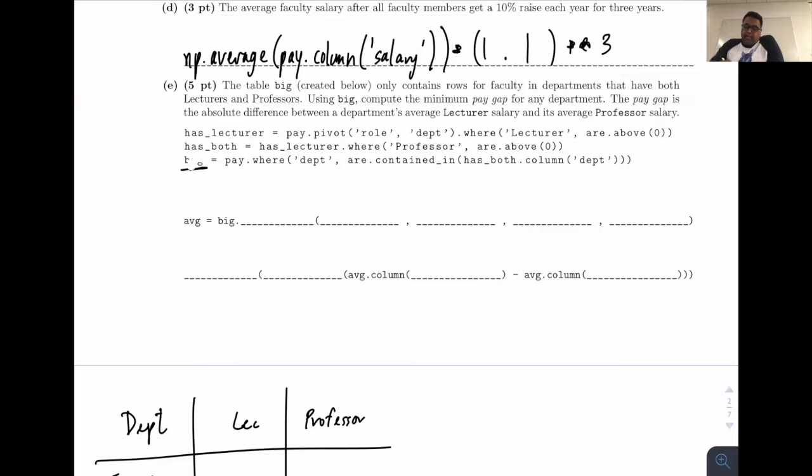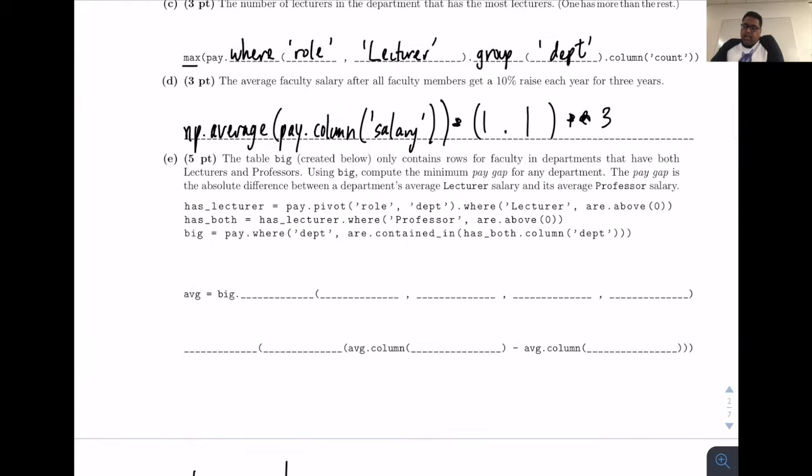So first we have to ask ourselves, what does the big table already have? Well, first we have to understand, what does pivot do? So pivot, the first argument in pivot specifies what the titles of our columns should be. So role, well, we only have a couple different types of roles.